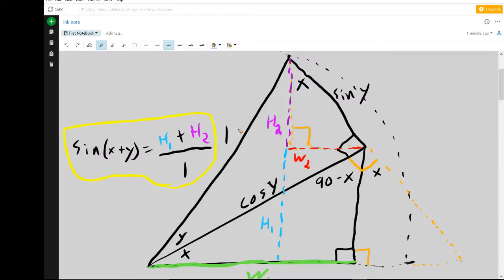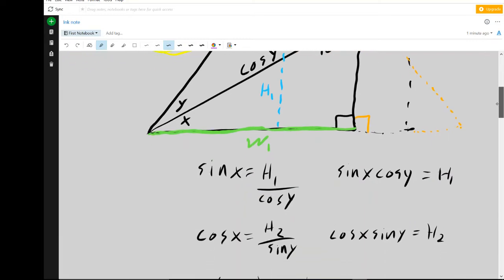We can solve for h1 and h2. Now, you may have noticed this h1 is the same height as the side of the x-angle triangle, or rather the height of it. So when we do sine of x as opposite over hypotenuse, we can say that it is h1 over cosine y. And that is what we have down here.